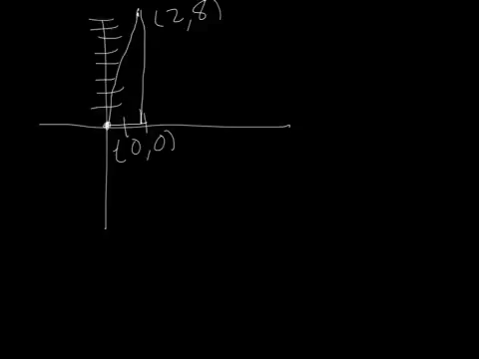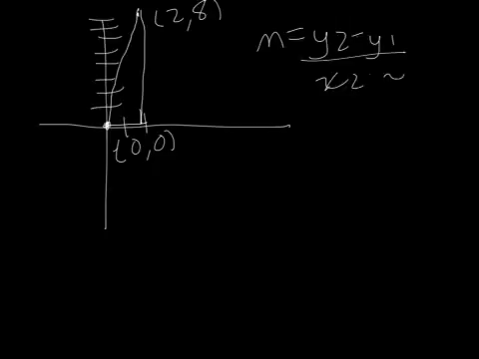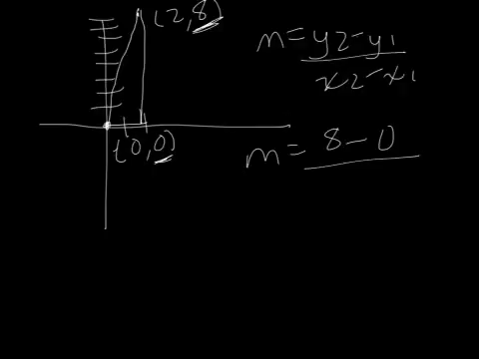And in order to figure out what the slope of that line is, we're going to again use our formula, m equal y2 minus y1 over x2 minus x1. And in this case, we're going to use m equal 8, because again, my y coordinate up here is 8, minus my other y coordinate is 0, divided by my x coordinate here is 2, and my x coordinate here is 0.